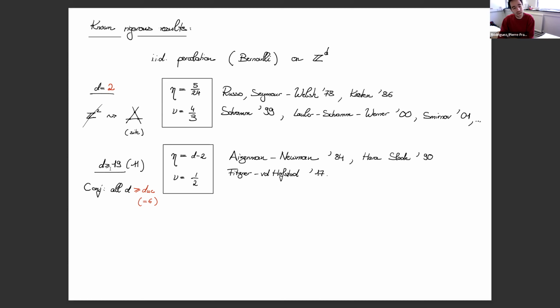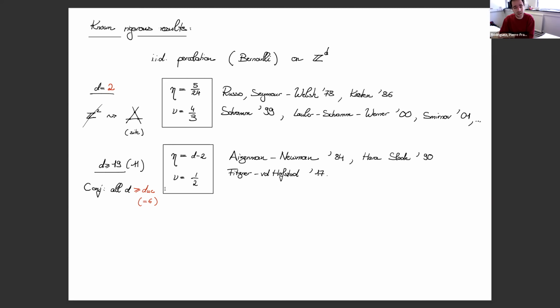And then when d is high enough, so I never quite know for sure where we stand, it might be that this 11 can be 10, but basically, when the dimension is large enough, you enter what's called the mean field regime, and then the behavior of the system is not really influenced by the underlying lattice anymore.